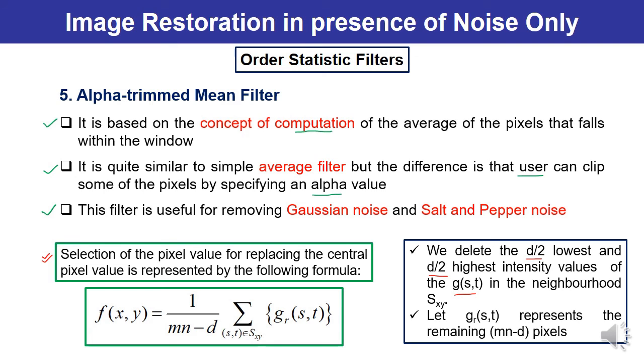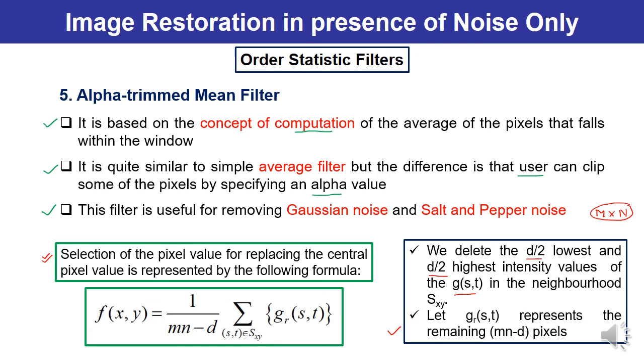Now g_r, which is the remaining set, represents how many pixels? The number of pixels is reduced by d, because you have eliminated d by 2 from the lowest and d by 2 from the highest, and the total number of pixels was m into n, the size of the image. When you eliminate d, the remaining pixels are mn minus d.